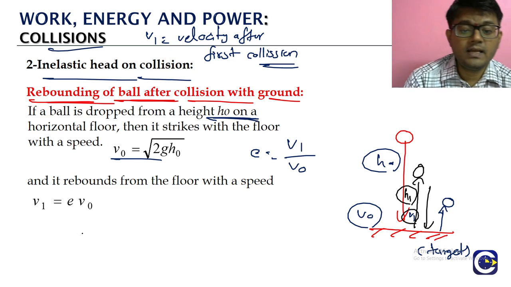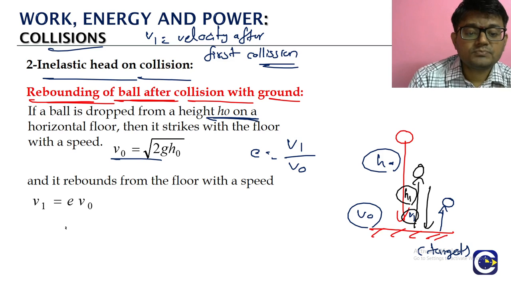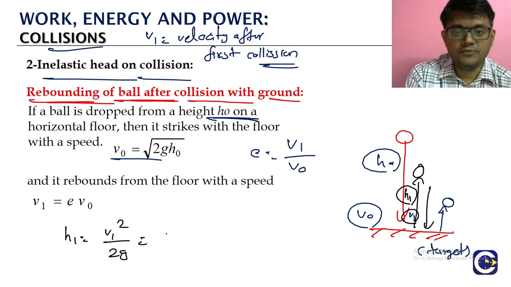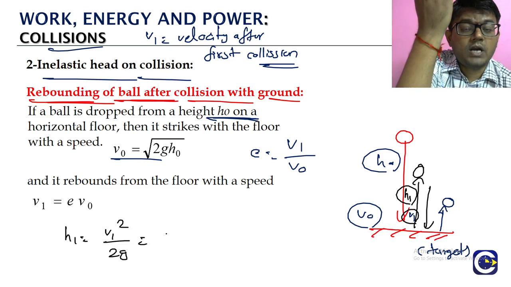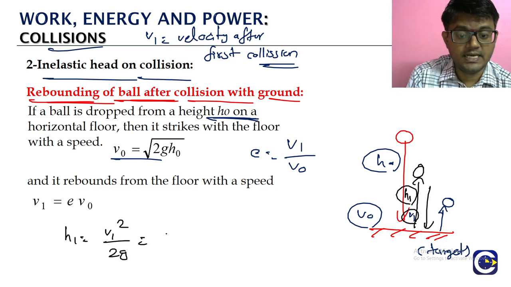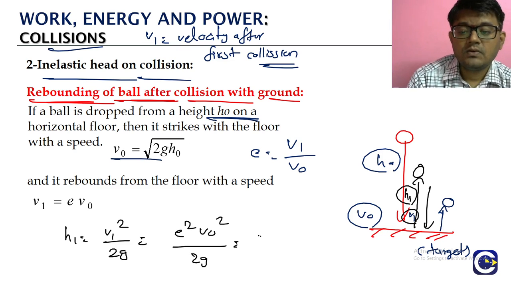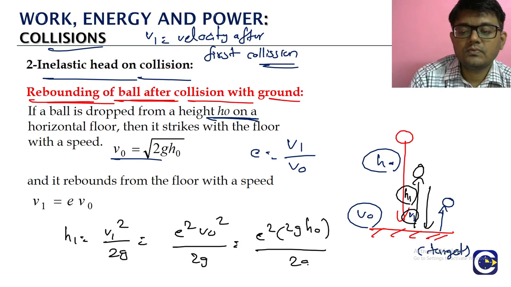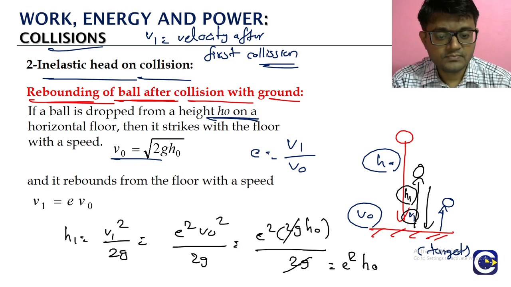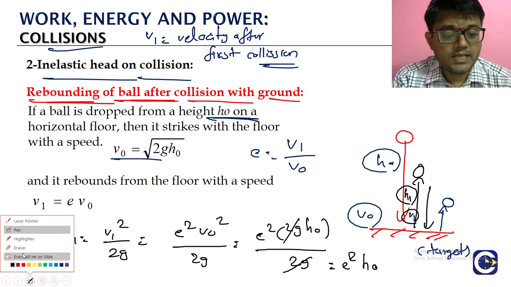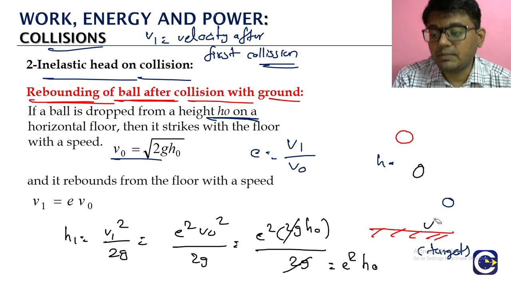The value of h1 is v1 square by 2g, the same as if you give a velocity u, it goes up to a height u square by 2g, from kinematics. So v square is e square into v0 square by 2g, which is e square into h naught.